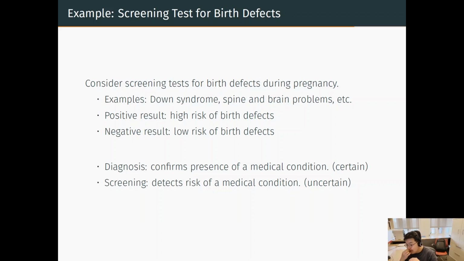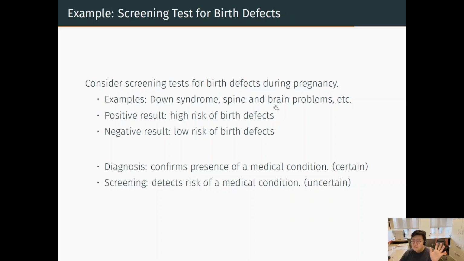But when my wife was pregnant, during the pregnancy there are a lot of screening tests. One of the key screening tests during the pregnancy is to test for birth defects, especially genetic abnormalities like Down syndrome or spine or brain problems.